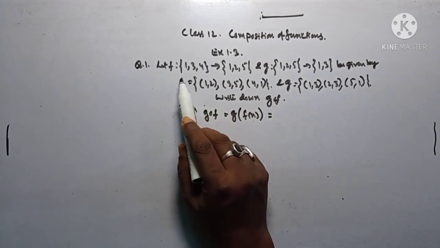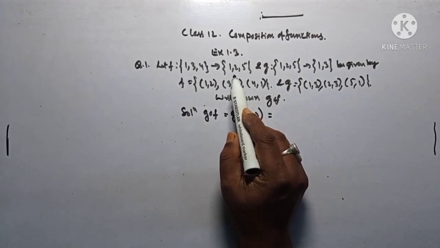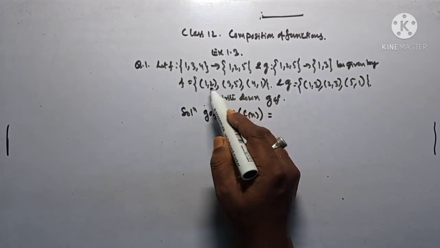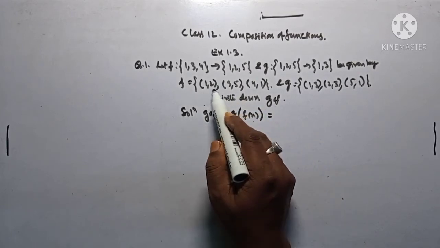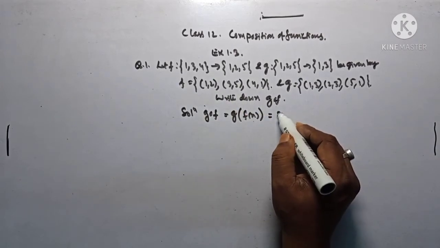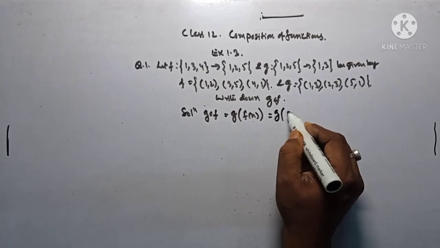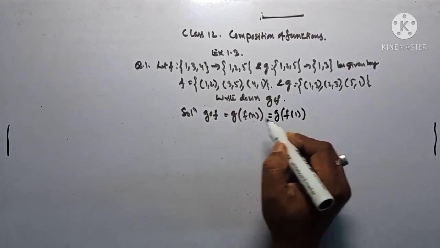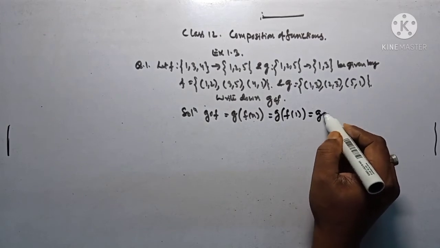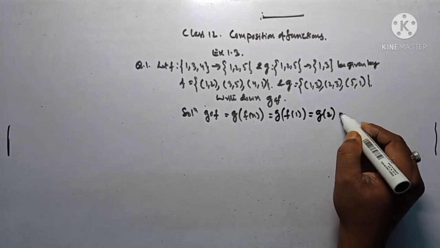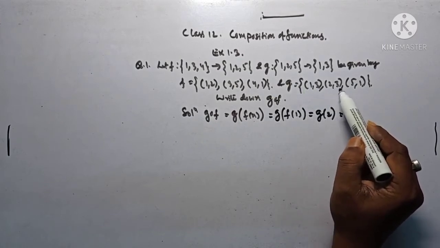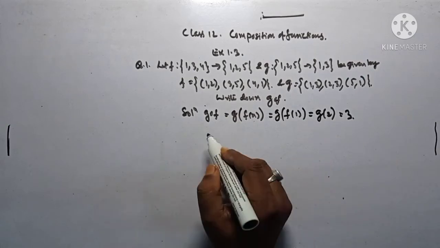For x equal to 1, your f(x) is 2, so g of f(1) is g(2), and g(2) is equal to 3, so this is 3.